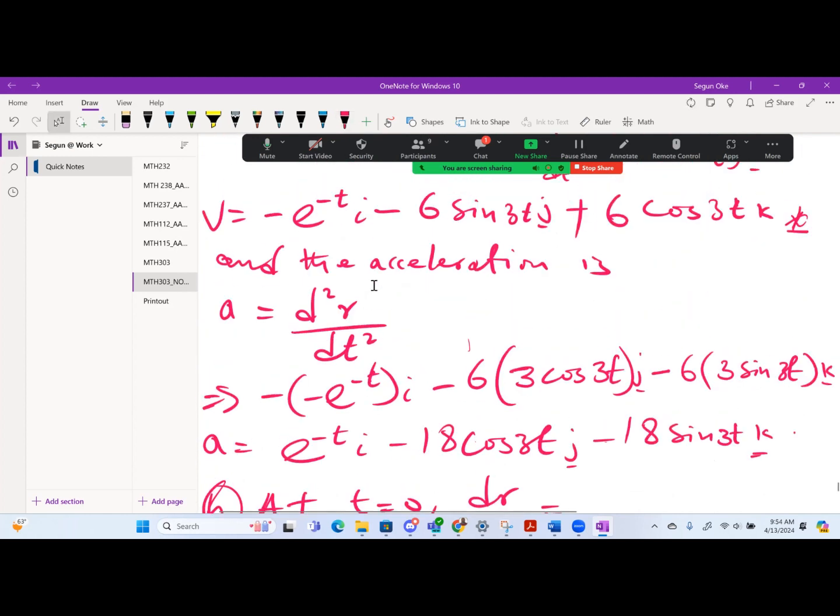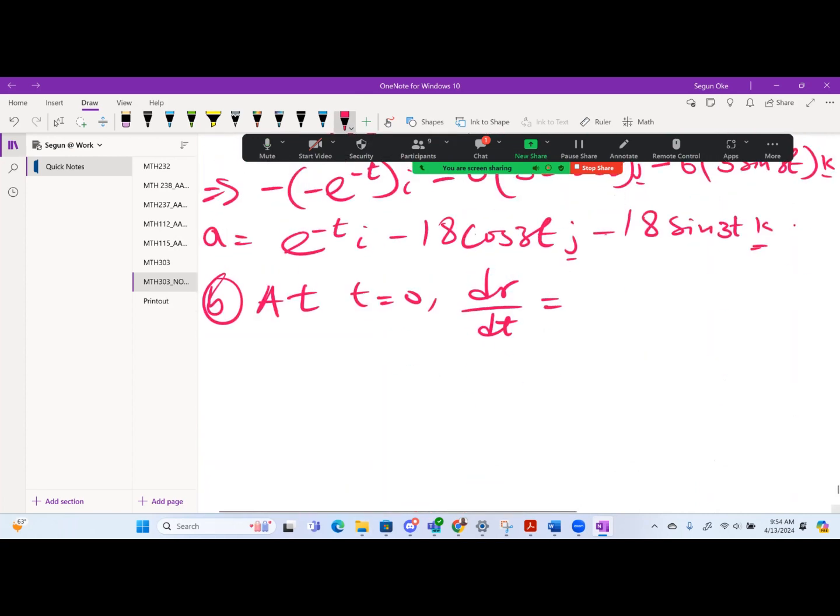So let's go to, this is the dr/dt, right? Let's substitute 0 there. When you substitute 0 here, let's put it one after the other.